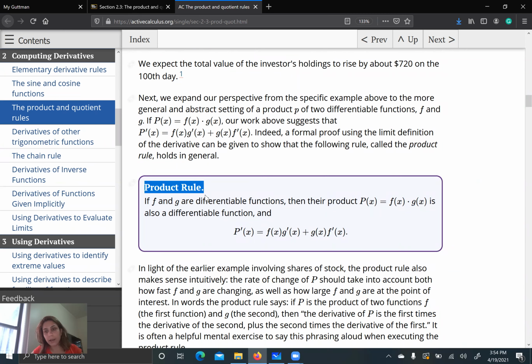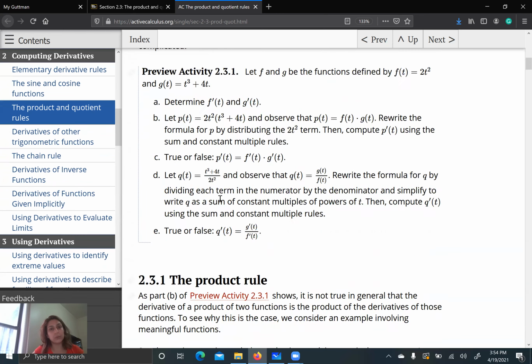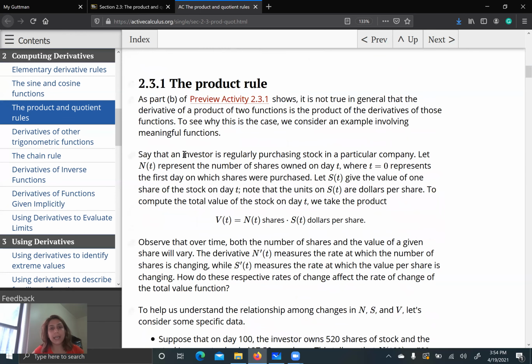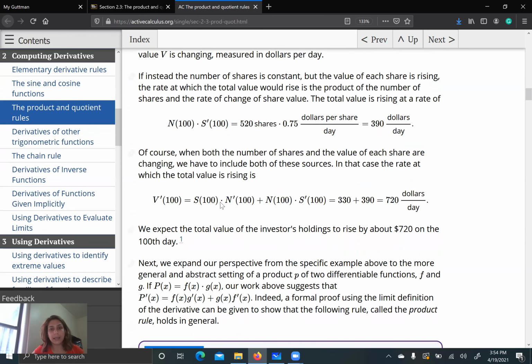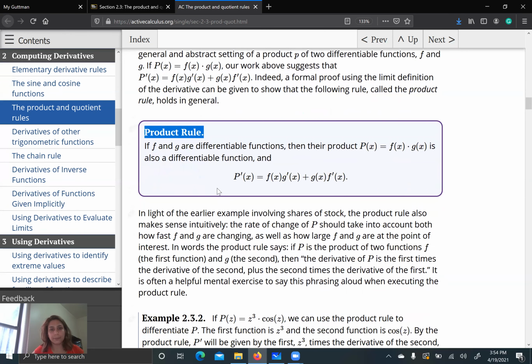But for the sake of this lesson, I'm just going to state this product rule, and I'm going to show you the application of this rule. If you are wondering where this rule comes from, I recommend you do the first activity and then read over this argument.